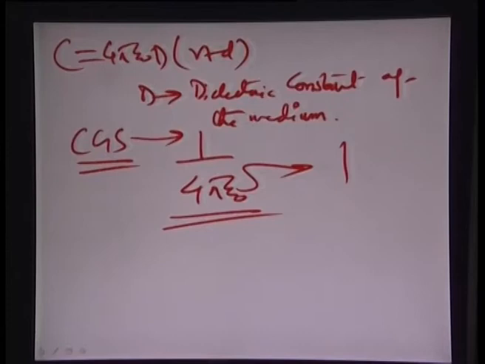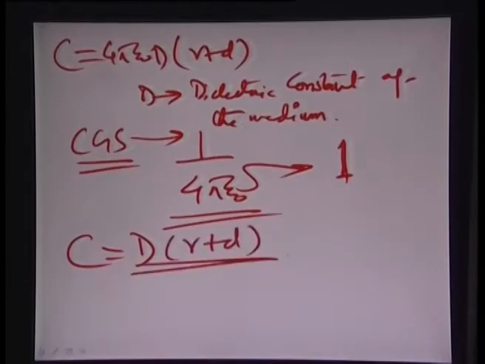That is how you define the permittivity of free space. Here, if you consider the same CGS units, the capacitance C becomes equal to the dielectric constant times R plus D.